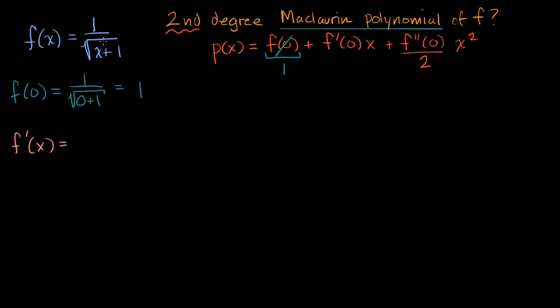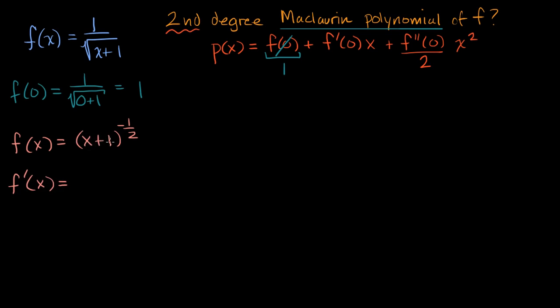f prime of x is equal to, well, 1 over the square root of x plus 1. Let me write it this way. Another way of writing f of x is, this is the same thing as x plus 1 to the negative 1/2. And so if I'm thinking the first derivative of f, well, I could use the chain rule here.